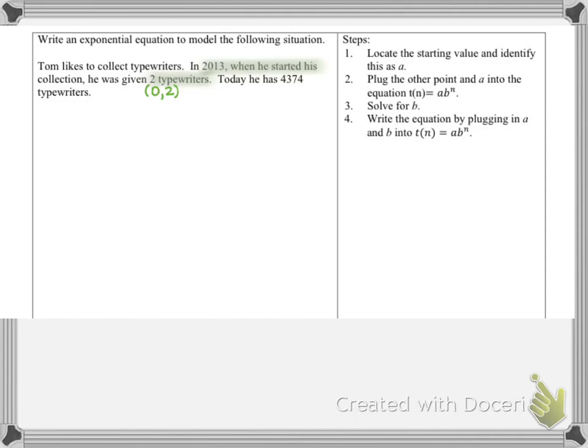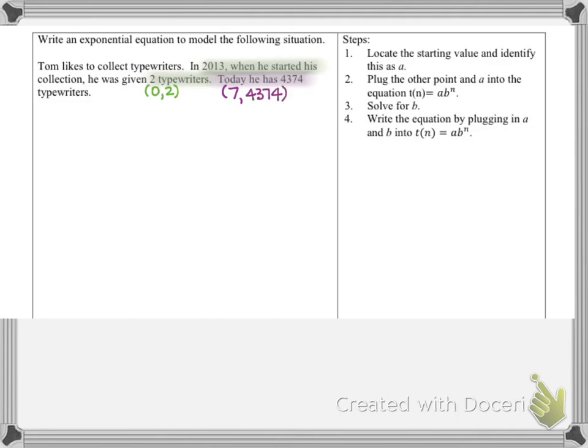Okay. Now, if I continue on, it says, today, he has 4,374. Okay, today. All right, well, if 0 is represented by 2013, and today is 2020, then I would say it has been 7 years, and he now has that many typewriters.